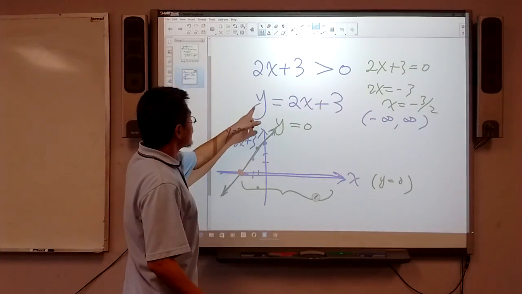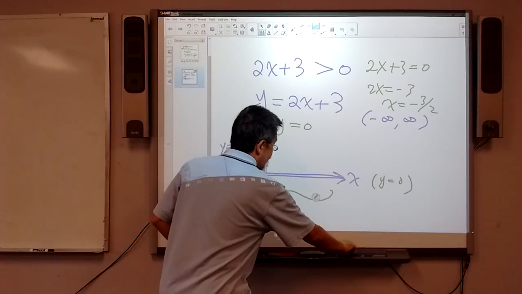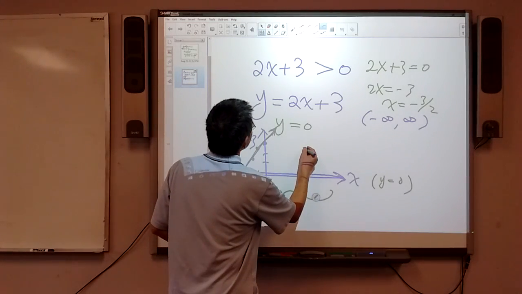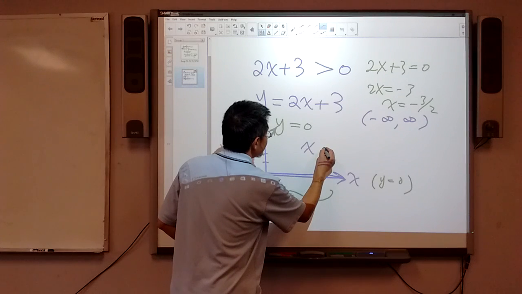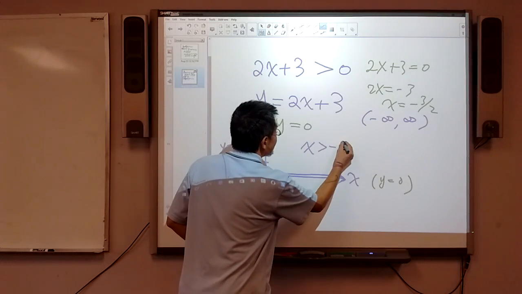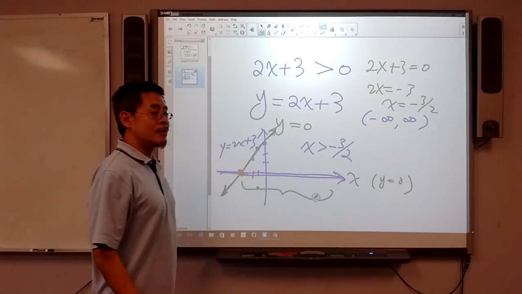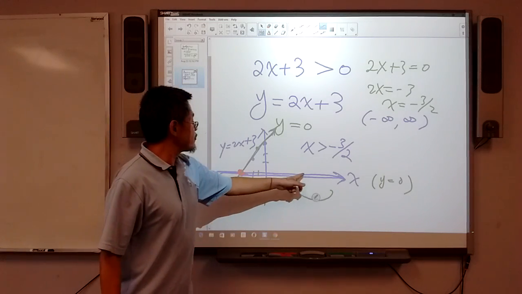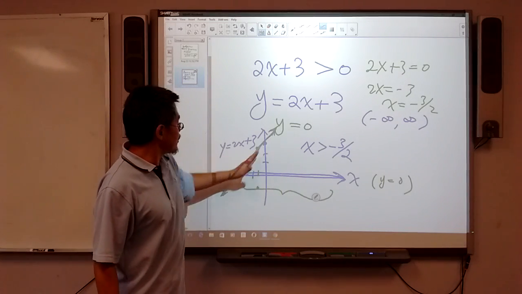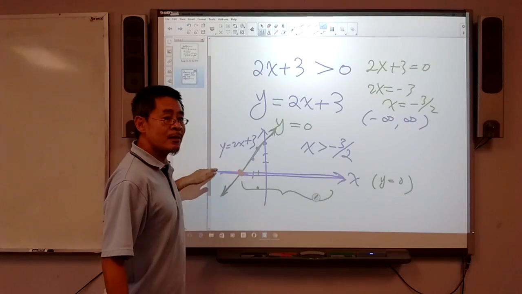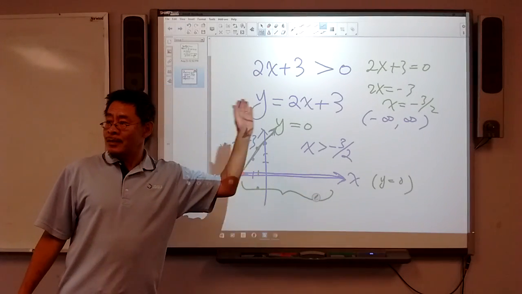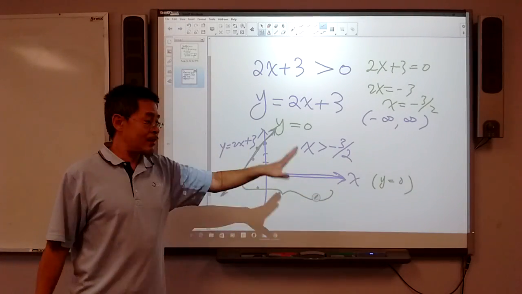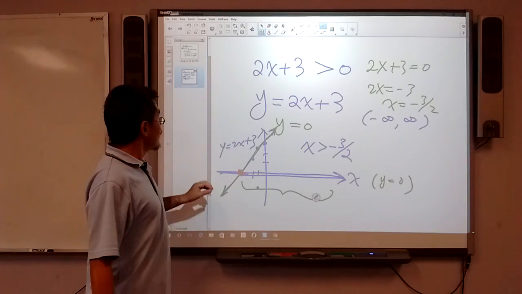So therefore, the solution for this will become x has to be greater than negative 3 over 2. Any x greater than that, this line is above that line, right? Are we good so far? Okay. Ask questions, okay?